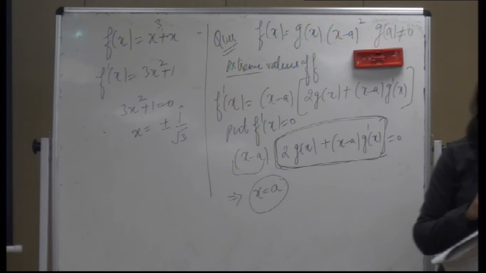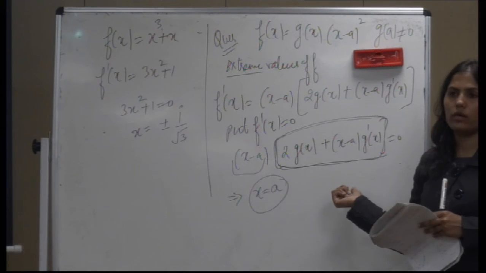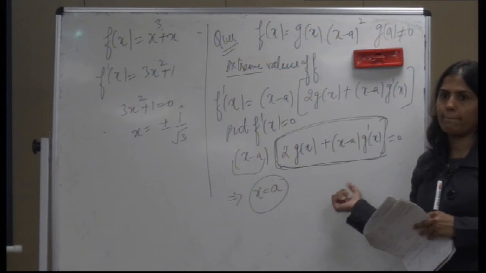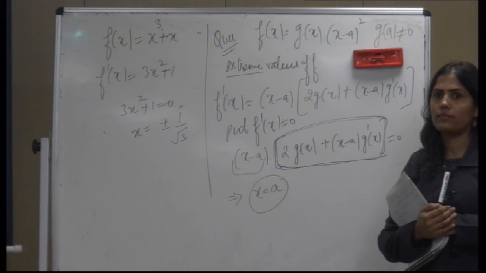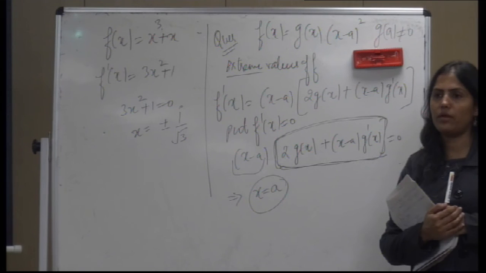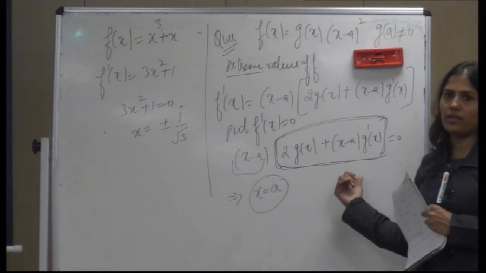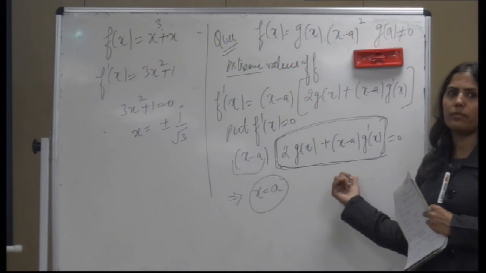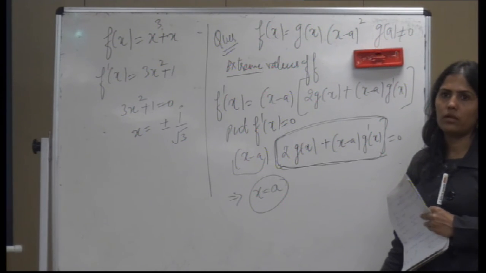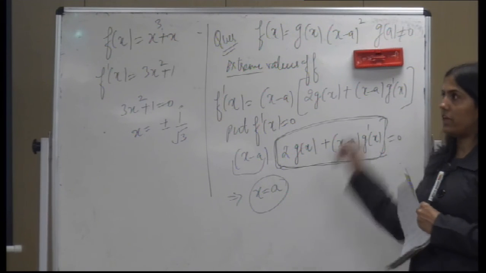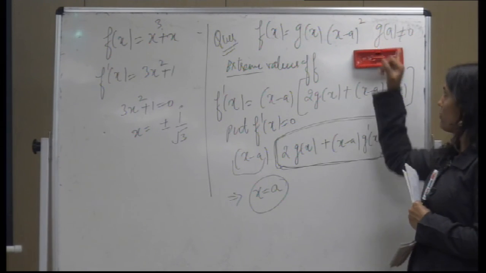This will be 0 or non-zero or what? If anybody will answer, I'll be very happy. Why am I not bothering with this term? Why is this term not so special? g(a) is non-zero. Fine.